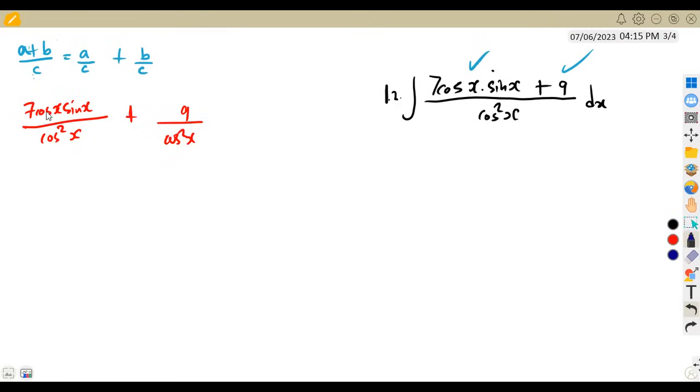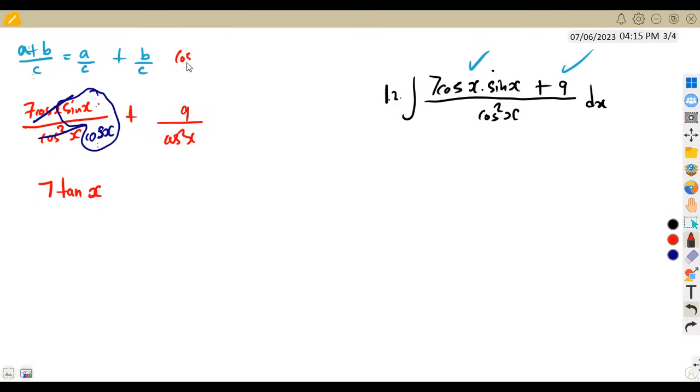Here there's only one cos, so this cos and one of these two cancel, and we remain with cos x here. We are now having sine x over cos x, and we know that sine over cos is tan. So this gives us 7 tan x.